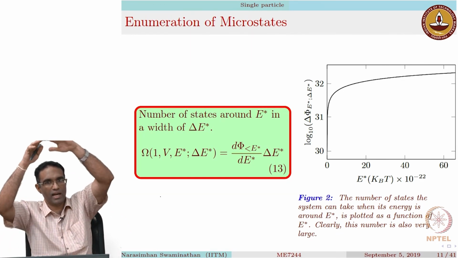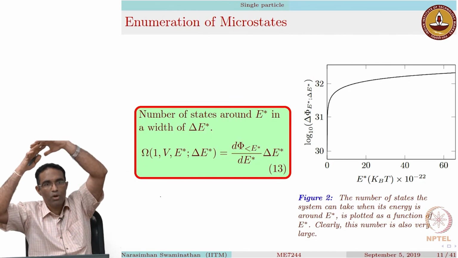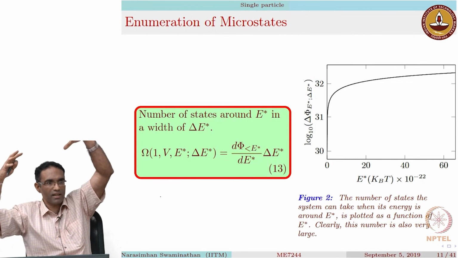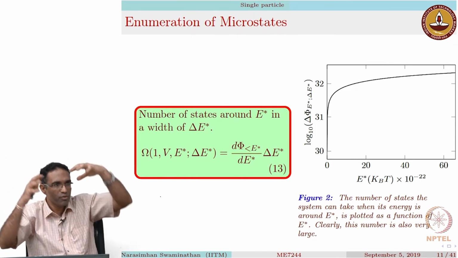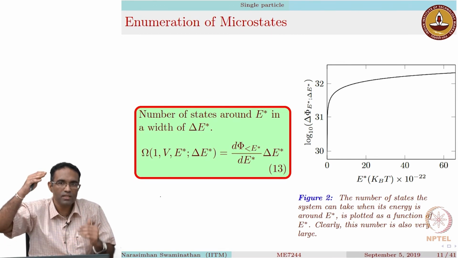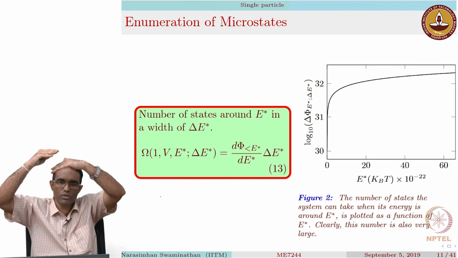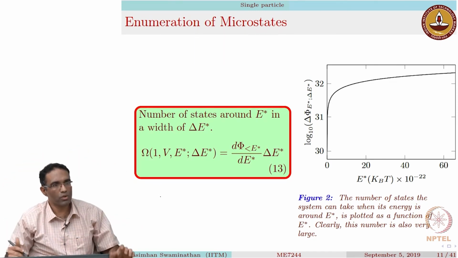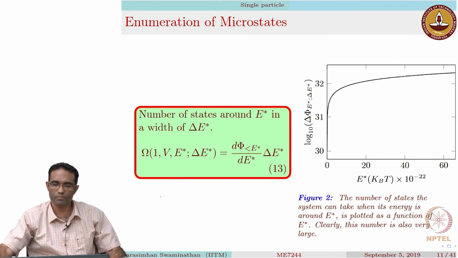There are almost as many points on the surface as there are points within the volume of the sphere, which essentially means as the radius increases, the energies become more closely spaced, right? The energies are getting more and more closely spaced. That is what this tells you.